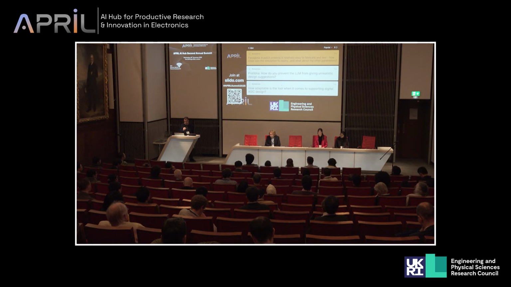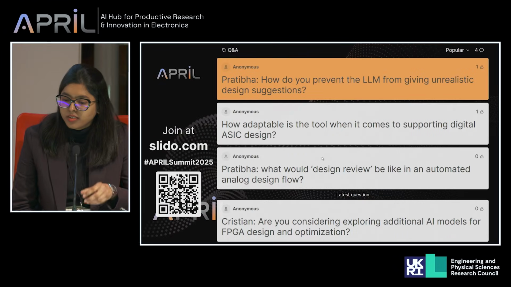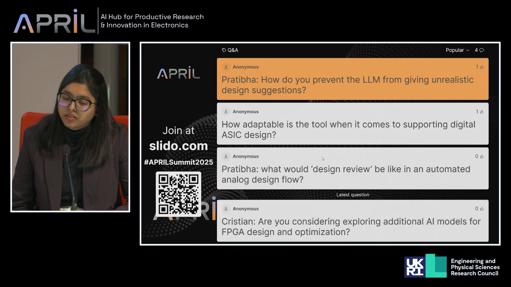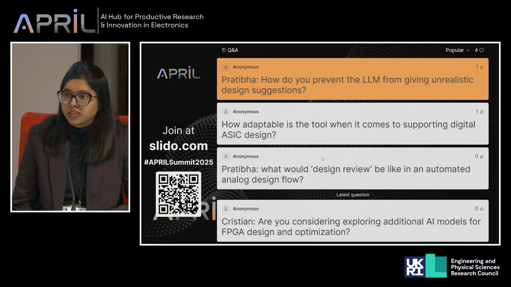So moving on, one is for Pratibha. How do you prevent the LLM from giving unrealistic design suggestions? Yes. So the LLM is put into the simulation loop. If it gives unrealistic values, they will get rejected by the simulator itself.